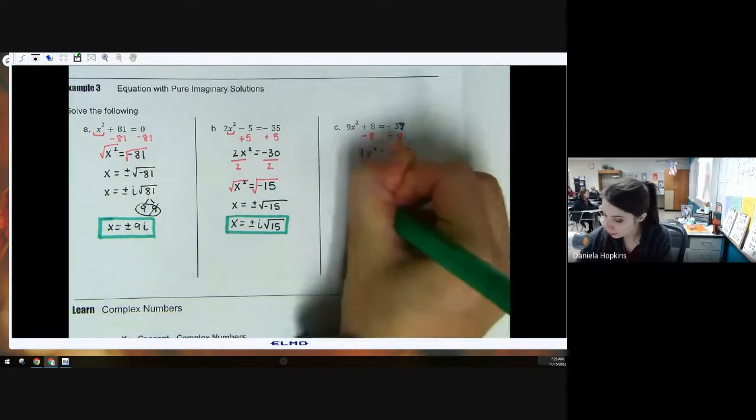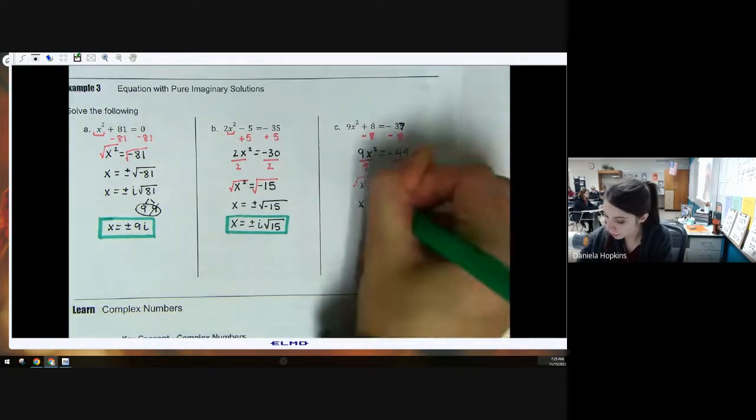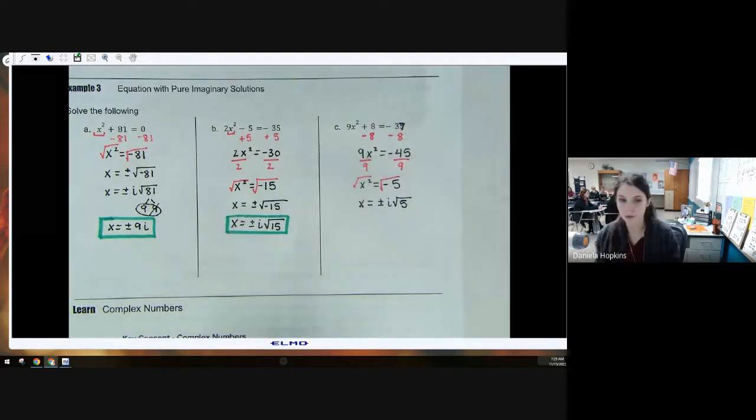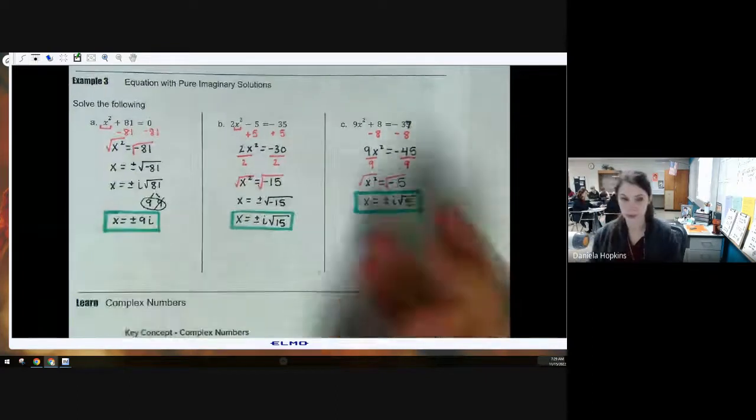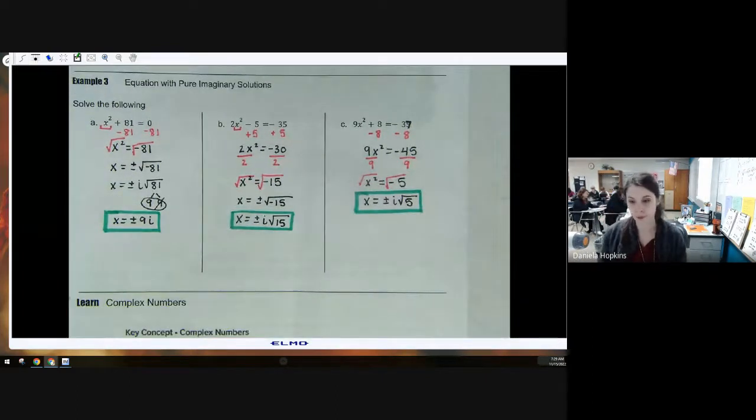So I need x equals plus or minus, and I'll just jump to the answer. It would be i times the square root of 5, positive 5 this time. What do we think? Super easy, right? Okay.